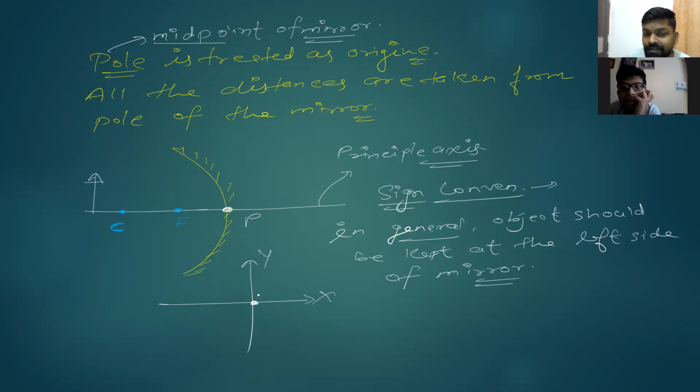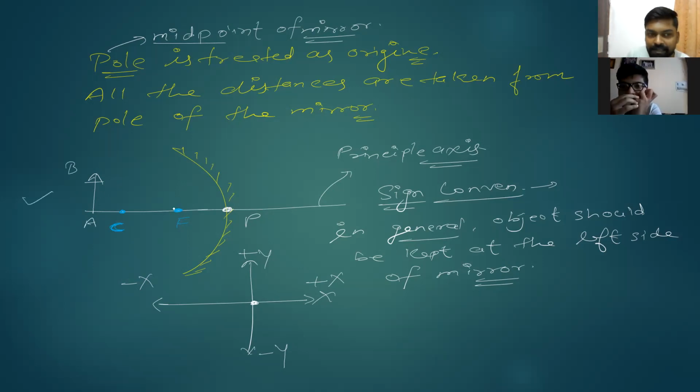If you move towards the right direction from origin, that is positive x-axis, and this is negative x-axis. Upward direction is positive y-axis, and downward direction is negative y-axis. Okay, are you getting me or not? Yes, sir. Okay.